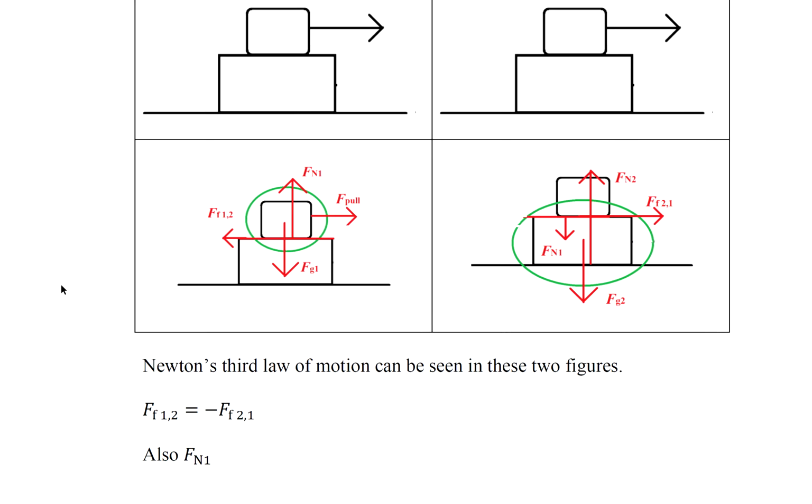You have a force normal 1 pointing up for mass 1, and you have a force normal 1 pointing down for mass 2. You have a force of friction 1 on 2 to the left of mass 1, and you have a force of friction 2 on 1 going to the right for mass 2. So these are like the same forces acting on different objects in different directions.